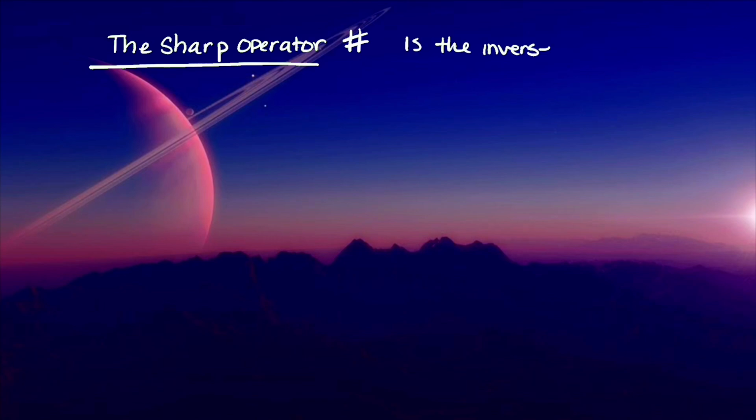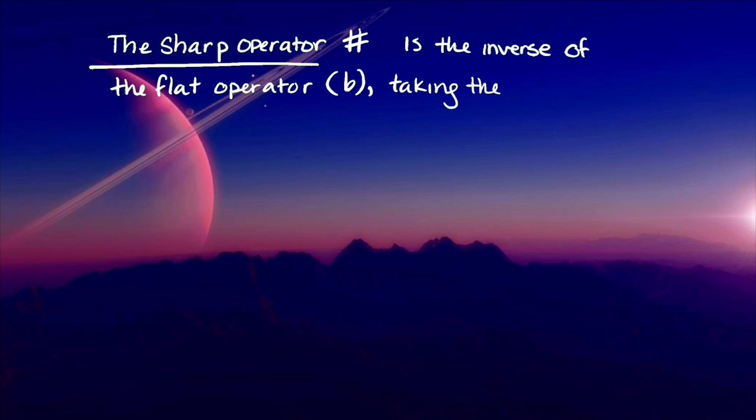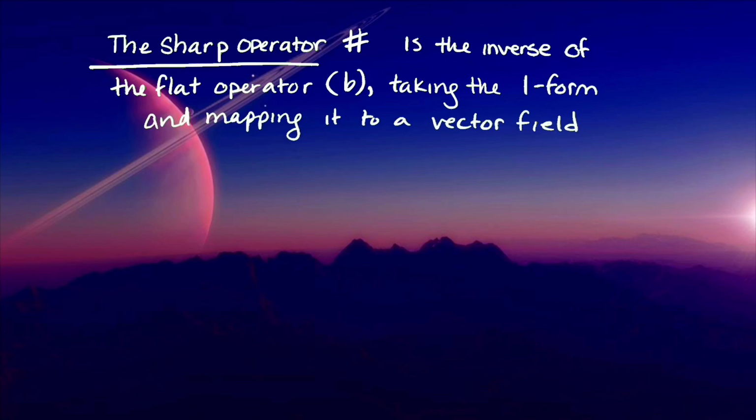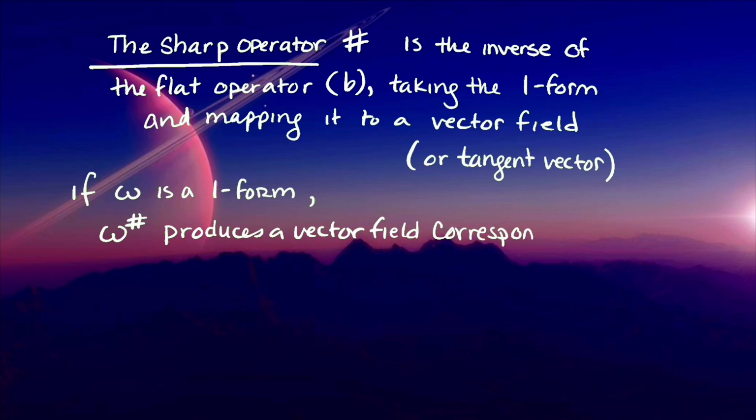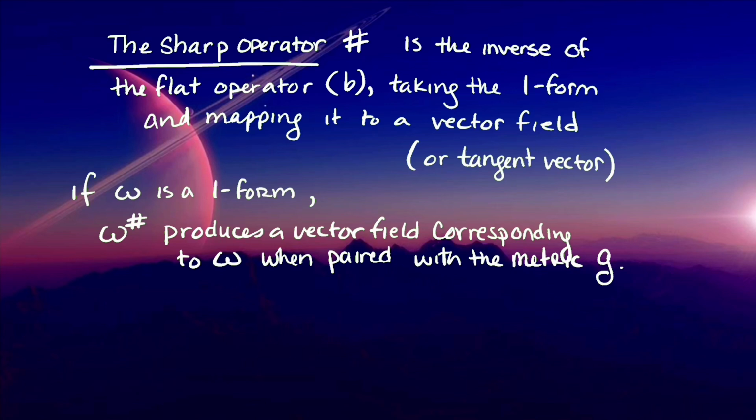The sharp operator is the inverse of the flat operator, therefore taking a one-form and mapping it to a vector field, or a tangent vector. And if omega is a one-form, omega sharp produces a vector field corresponding to omega when paired with the metric g.